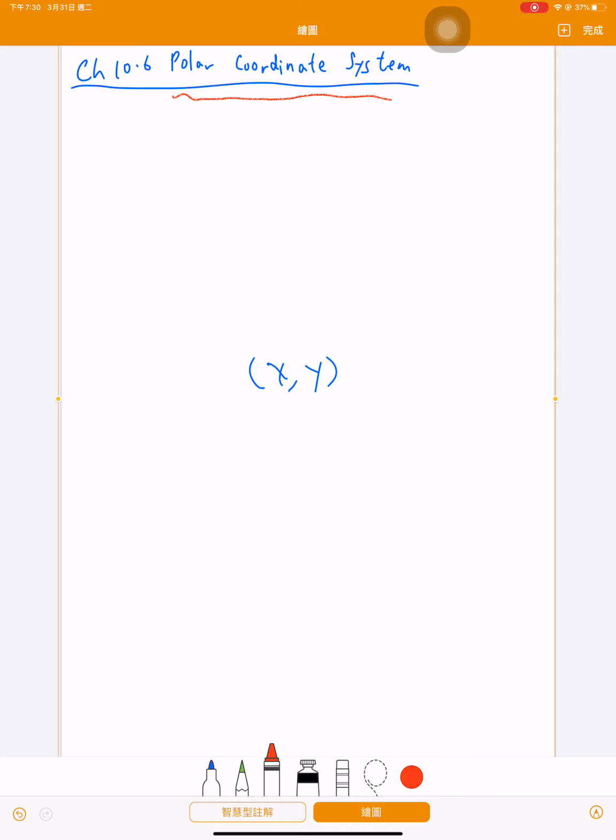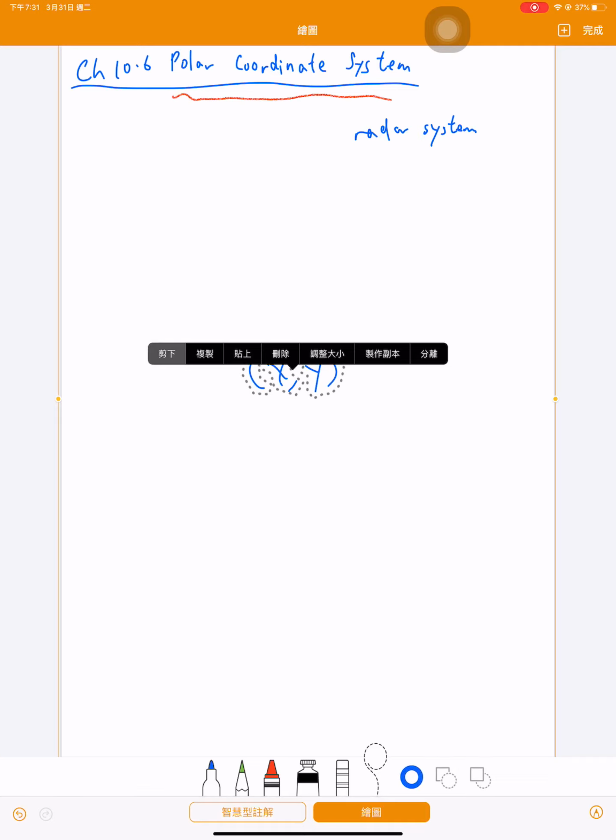Maybe some of you may have watched some movie or anime and have heard about the radar system. In Chinese, it's called 雷达. In a radar system, the picture is just like this.